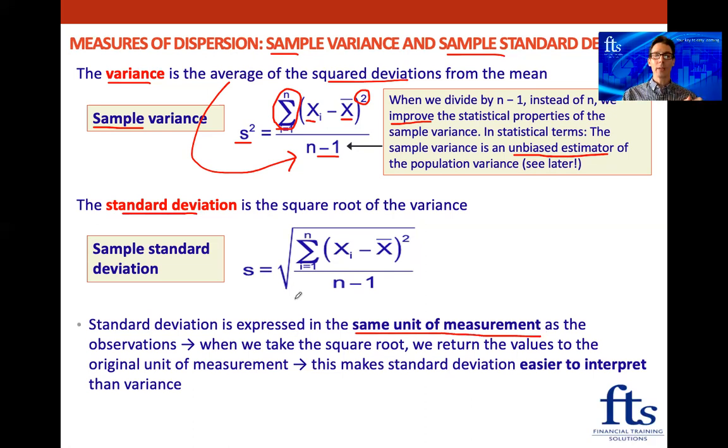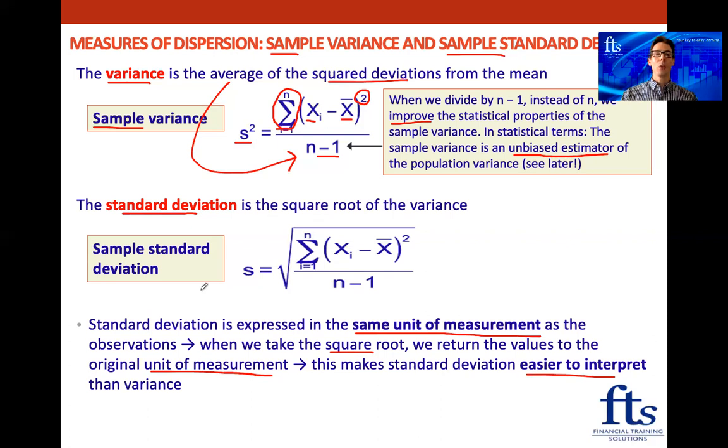Because let's say we were working in percentages, the variance answer would come out in percentage squared. But when we take now the square root, we return the values to the original unit of measurement. We would then go back to percentages again. And this makes standard deviation much easier to interpret than variance.